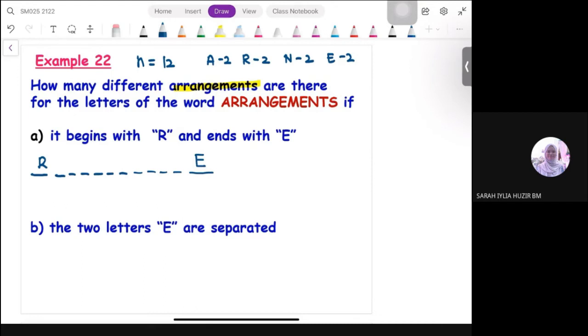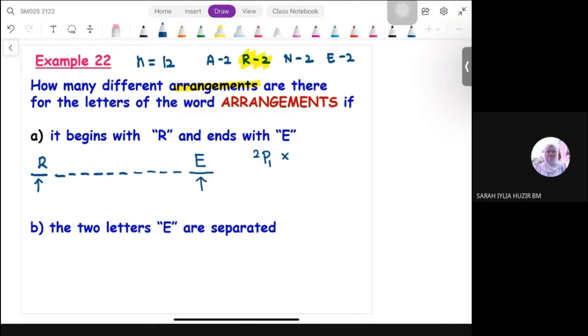We start with the boxes that have a condition. We start with the first box, for R. From the word ARRANGEMENT, we have two options for R, right? So our arrangement should be 2P1. There are two choices of R, and I want to place one in the first box. So 2P1.